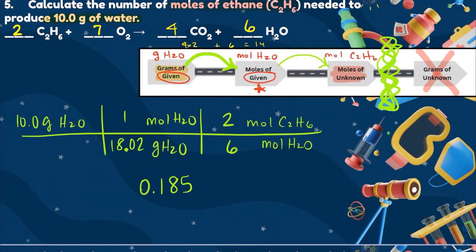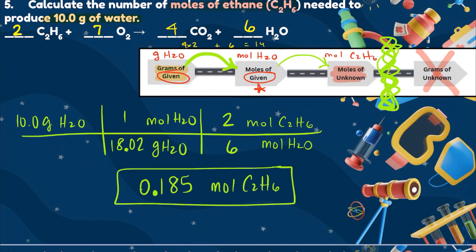If you did not get that, again, make sure that you are dividing by both numbers on the bottom. All right, so 0.185, that is going to be moles of C2H6. That is how much ethane we need to burn to produce 10 grams of water.